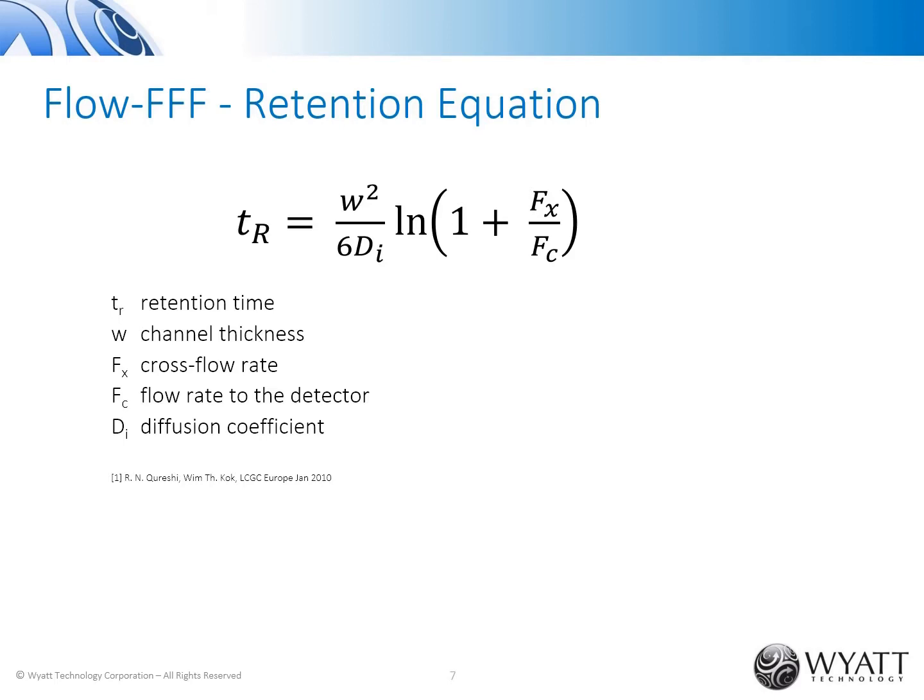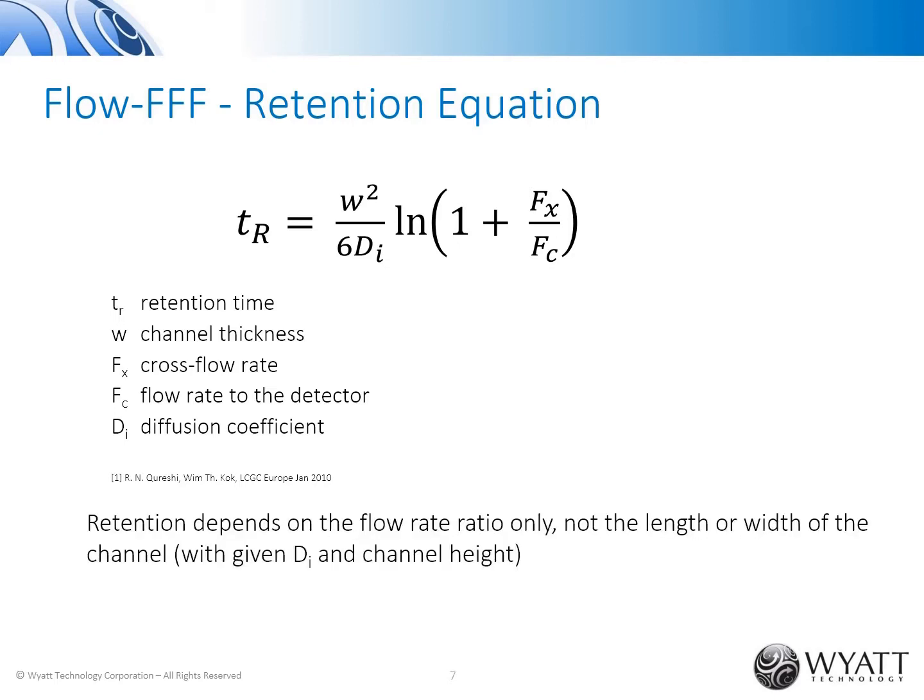The equation also tells us that we can extract the diffusion coefficient from a measured retention time if we know the experimental parameters. It is interesting to note that the length or width of the channel do not go into the equation. That means we can produce the same fractionation in multiple ways on different geometries by adapting the flow rates accordingly. Now, let's turn to MALS as a detection method for absolute molar mass and size.